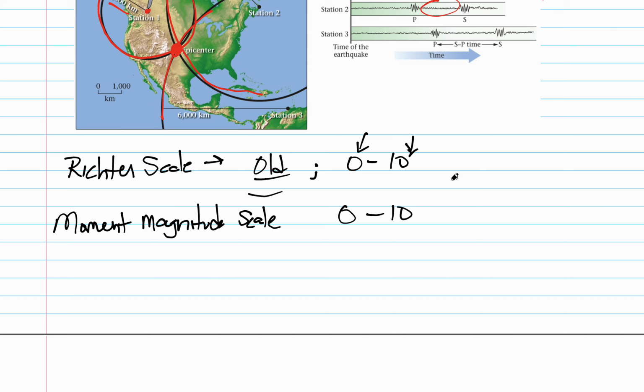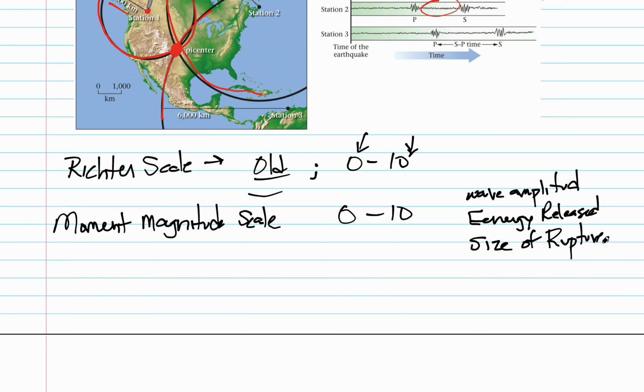But it's just so much more quantifiable. The moment magnitude scale is what's reported in the news. It uses the wave amplitude, how much shaking is on the seismometer. It also measures the amount of energy released, that was stored by the friction that was released in the form of waves, and importantly, the size of the rupture.